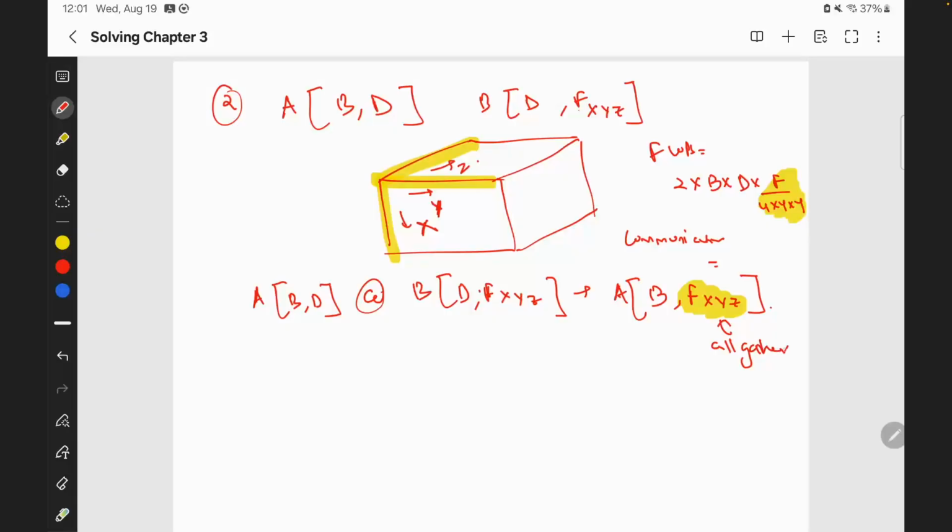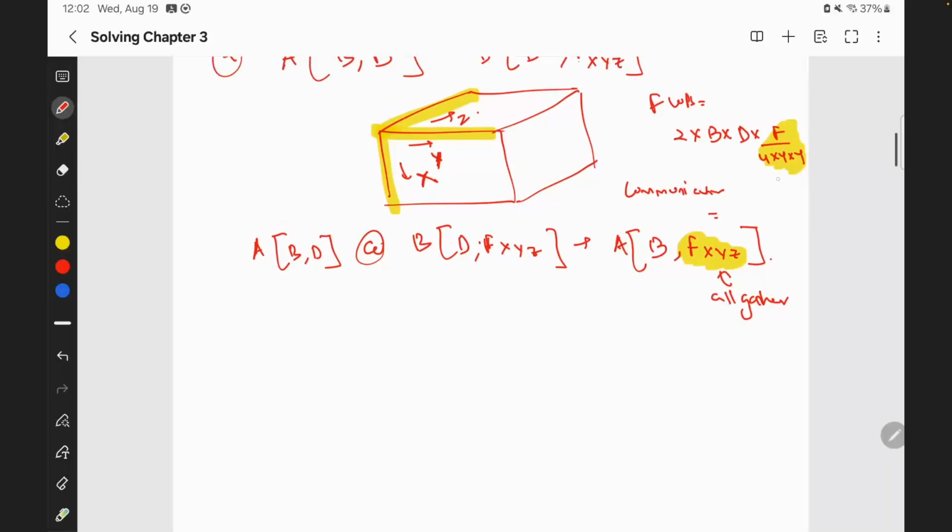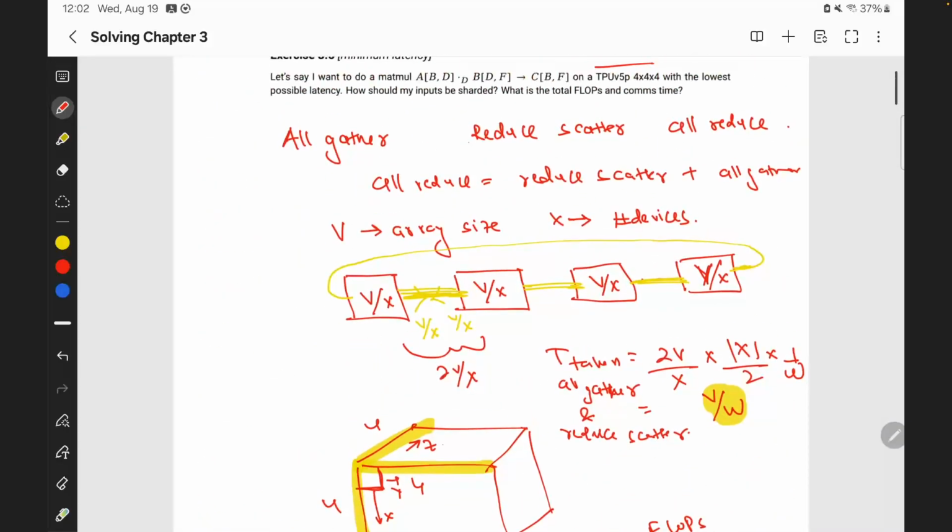all gather this one. If you have to all gather, then as per the formula that we saw here, it is v by the bandwidth.